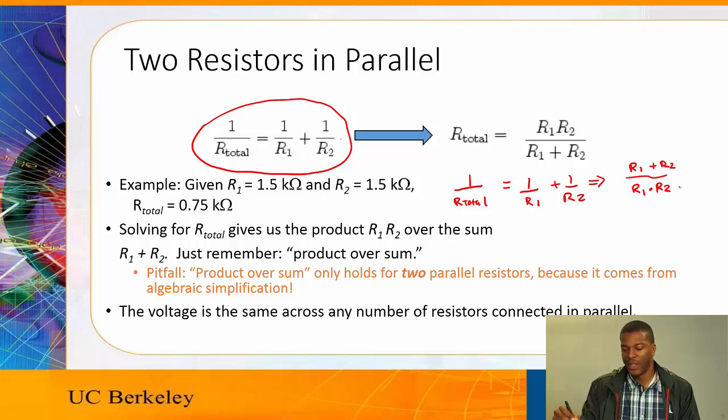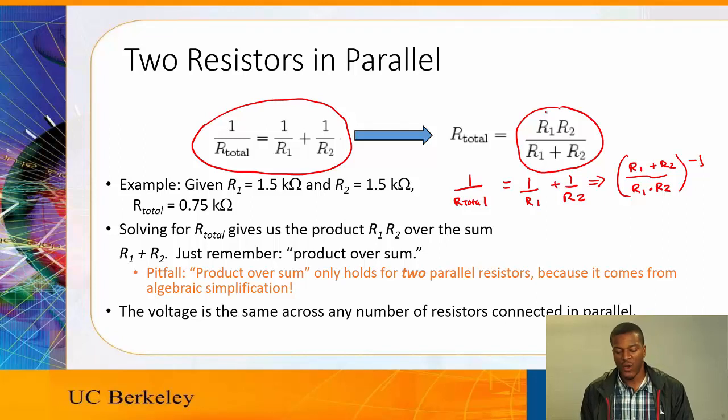But this gives you the inverse of R total, so we have to take the inverse of this, which will give us this equation here. This is a simplified equation if you're only using two parallel resistances. A good way to memorize it is by thinking product over sum.